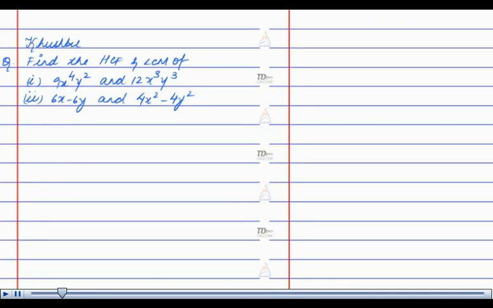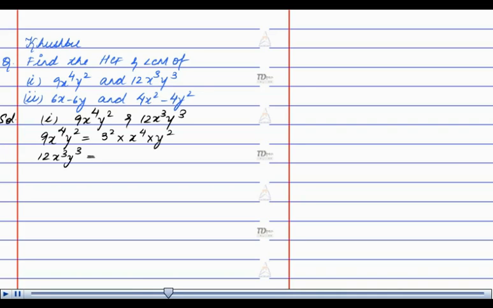The question is, find the HCF and LCM of first 9x to the power 4 y square and 12x cube y cube, and second 6x minus 6y and 4x square minus 4y square. Taking up the first one, that is 9x to the power 4 y square and 12x cube y cube. We first factorize 9x to the power 4 y square and get 3 square into x to the power 4 into y square, and on factorizing 12x cube y cube we get 2 square into 3 into x cube into y cube.